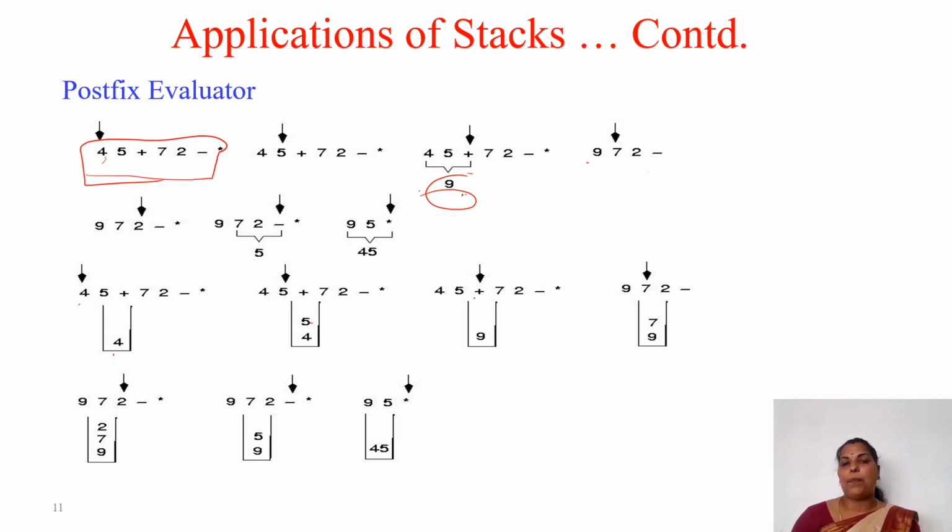We pop these two elements, perform this operation and store the result, 9, in the stack. Then 7, so 9 and 7. Then 2, we just push into the stack. Then minus, so we pop two operands and perform the operation, and the result is 5. Then star, so we pop two elements, perform that operation and store the result in the stack.